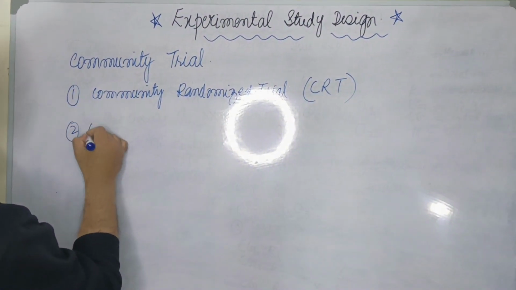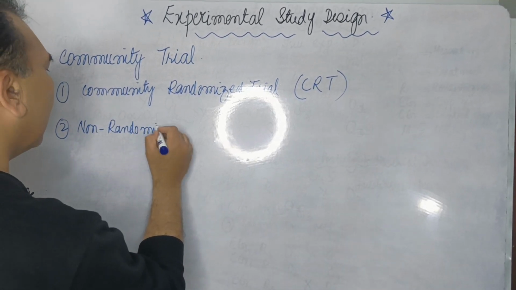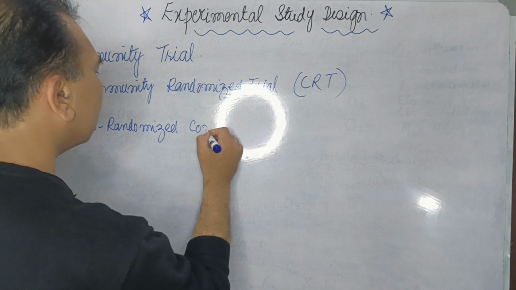The second one is the non-randomized community trial.